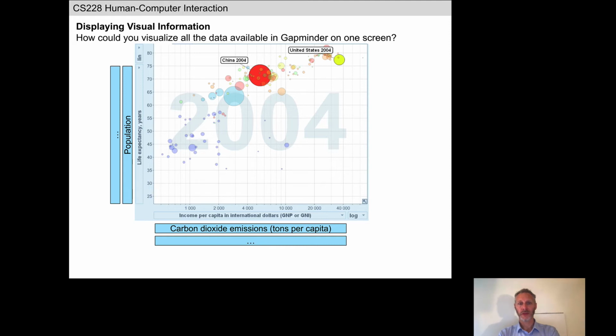What's the problem with 3D visualization? Hard to compare size of the spheres, especially with a 2D representation.